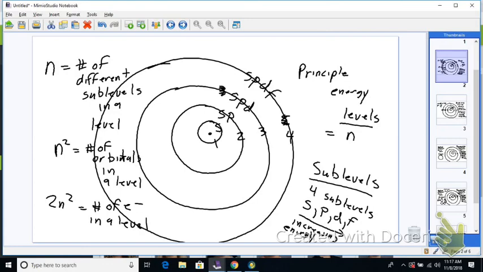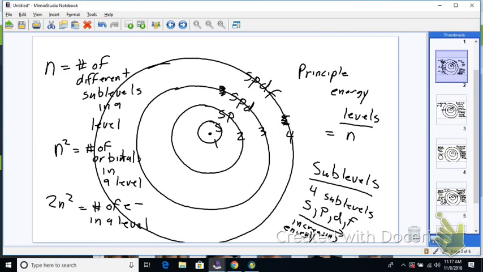N squared. What does that tell you? It tells you how many different orbitals you can have in that level. So if I put 1 squared is what? 1. It only has 1 orbital, the S. If I say 2, 2 squared has how many? 4. You guys see the 4?